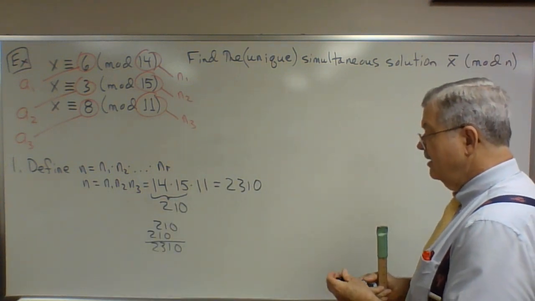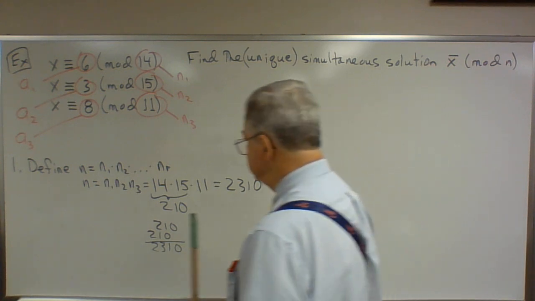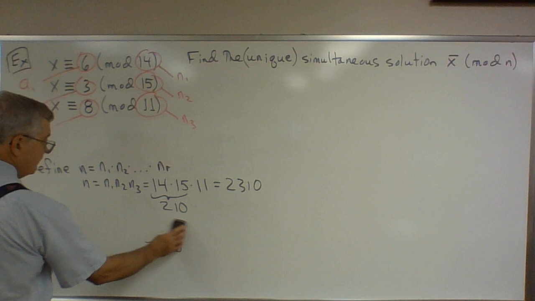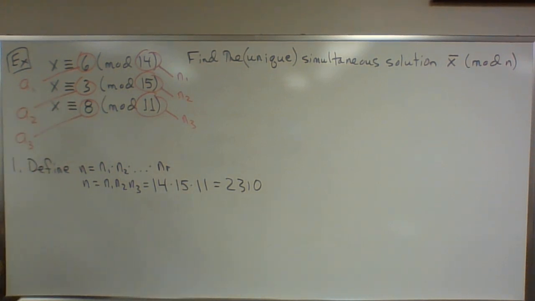Okay. So we have little n. N equals 2310.